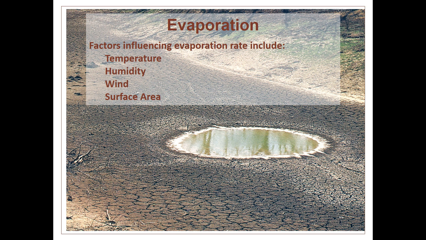It is difficult to discuss water cycle and water balance concepts without considering evaporation. Evaporation is the vaporization of water, and it is an endothermic process, meaning that heat is absorbed during the process. How much evaporation takes place, how fast, all depend on a number of conditions, including temperature, humidity or the amount of water vapor already in the air, wind, and surface area.